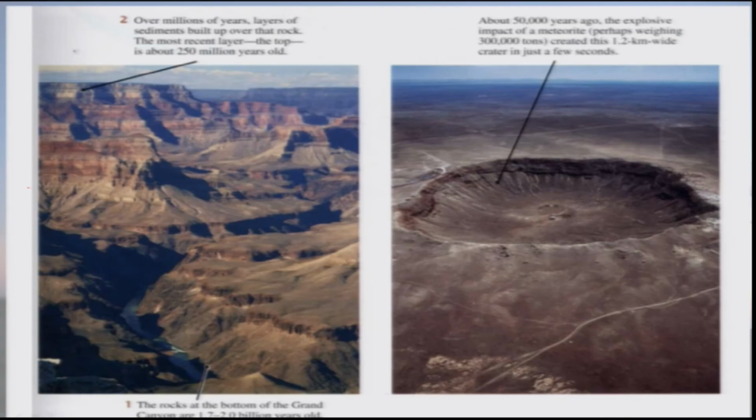Then another one, this is from Arizona, the Grand Canyon. At the base, the rocks are as old as 1.7 to 2 billion years, whereas at the top they are almost 250 million years old.